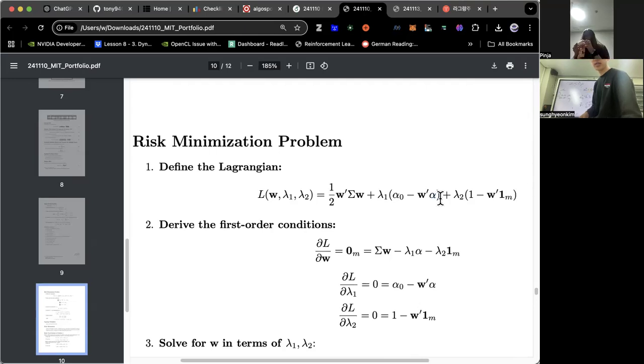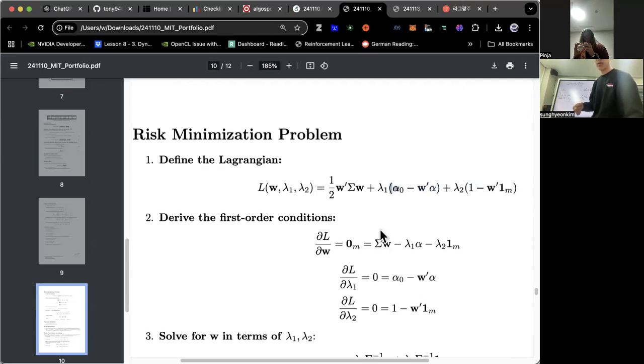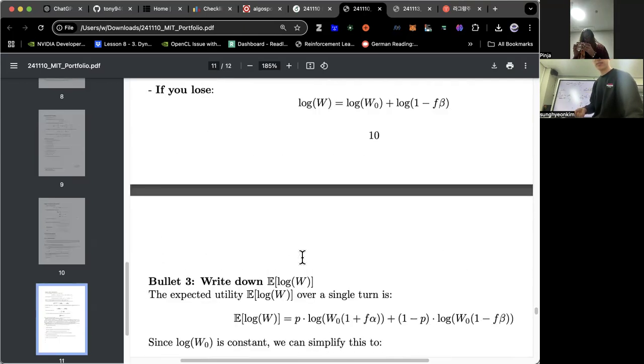There are constraints, which is that every W prime of each asset should sum to 1, and W prime multiplied by alpha should also be maximized, alpha 0. Then we can solve it.